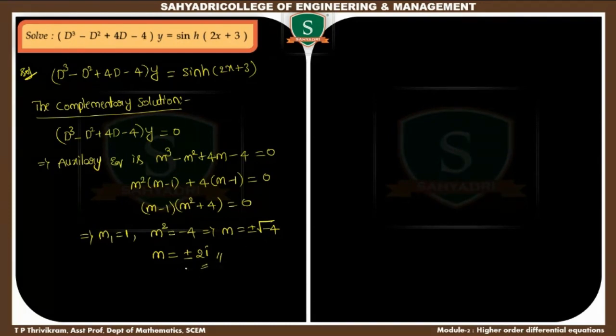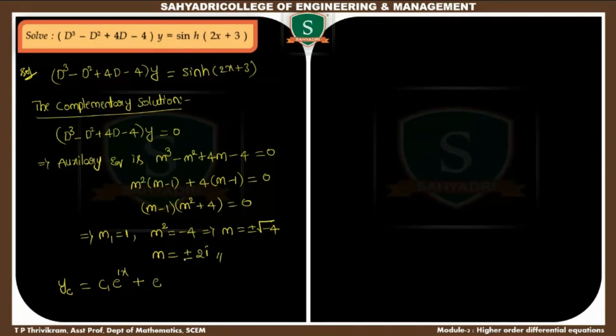Whenever we get a pair of complex numbers, how to write the solution? Yc is equal to, first write for the real root. Real root is m1, so c1 e power m1x, so 1x, plus the complex root. How to write?